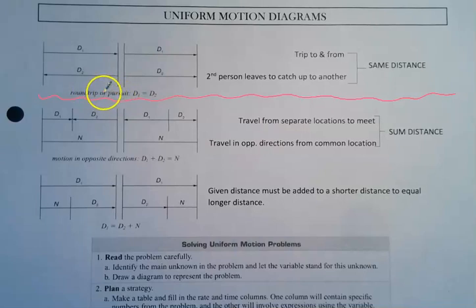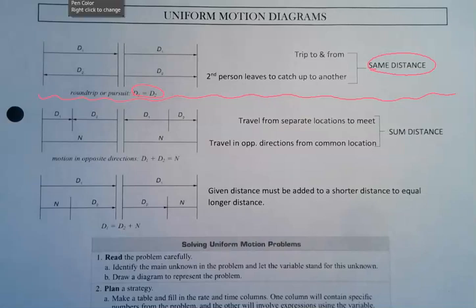This is when we have a trip to and from somewhere, your trip to and from work or school, or when the second person leaves to catch up to another person. The key here is that they're traveling the same distance. So we say distance 1 is equal to distance 2. In these cases, we set up the equation where the two distance expressions are equal to each other.